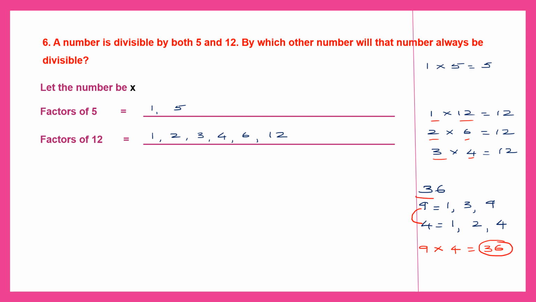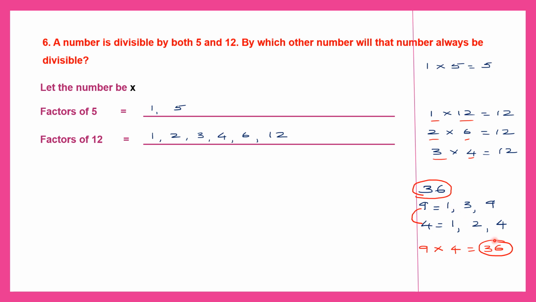So did you understand? I've taken this example 36 and I'm telling you that it's divisible by 9 and 4. Just like this question, 5 and 12, I say that it's divisible by 5 and 12. If I say that, I need to take all the factors of 5, all the factors of 12, and you can see all these numbers will divide 36 completely. Also, when I multiply 9 into 4, I get 36.